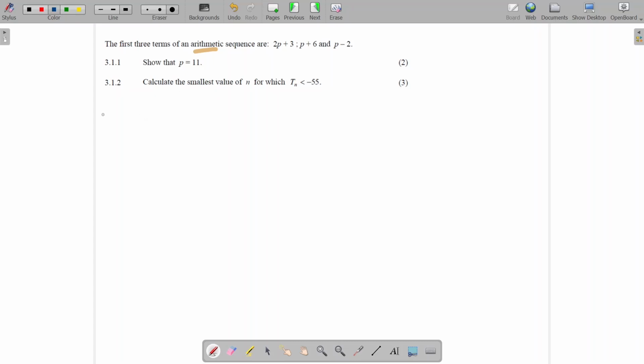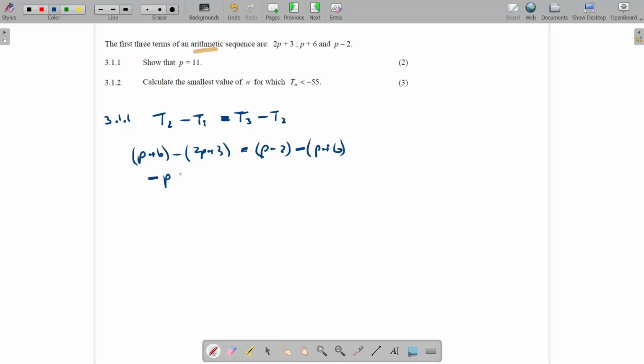Because we know that this is arithmetic, we know that the difference between the terms is going to be a constant. So T2 minus T1 equals T3 minus T2. So P plus 6 minus 2P plus 3 must equal P minus 2 minus P plus 6.